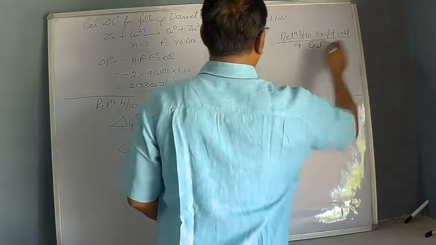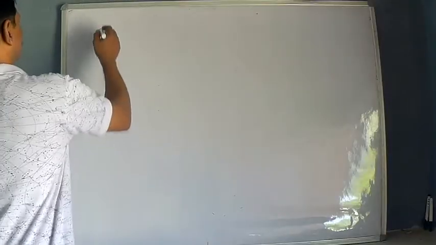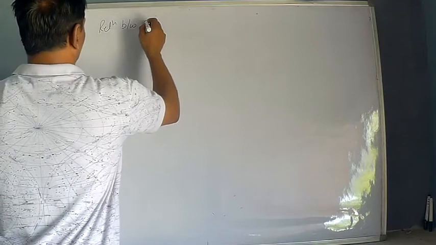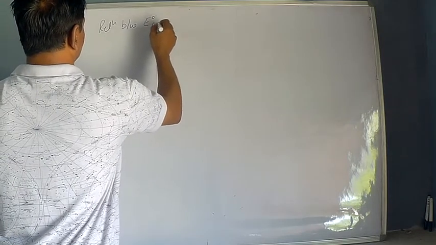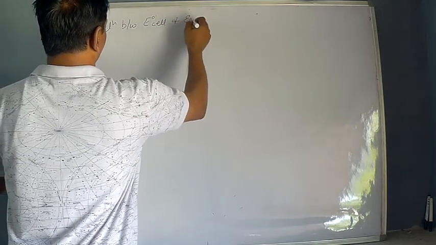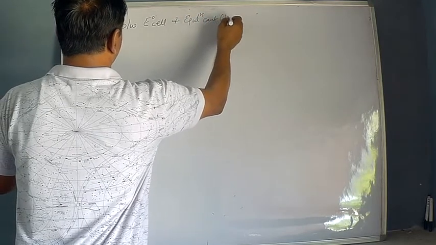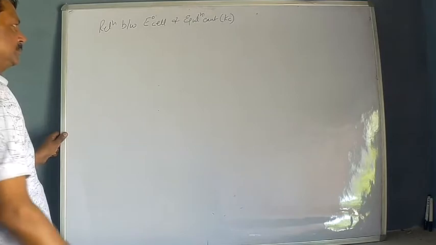We'll take it up in the next class. Relation between E0 cell and equilibrium constant, that we studied in class 11, Kc.